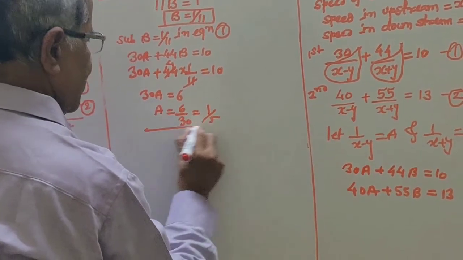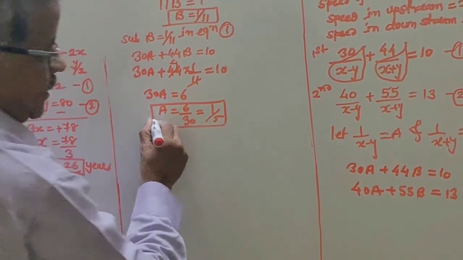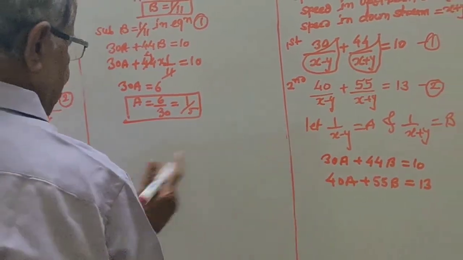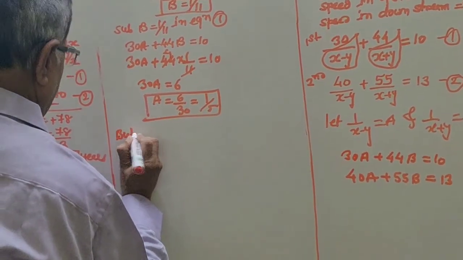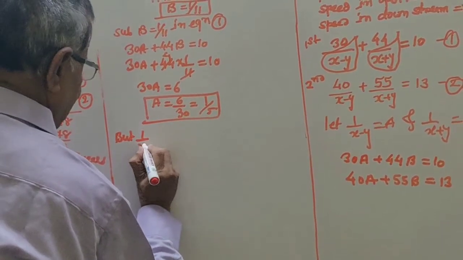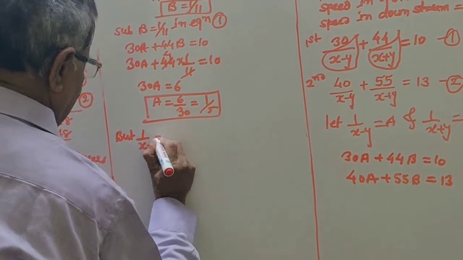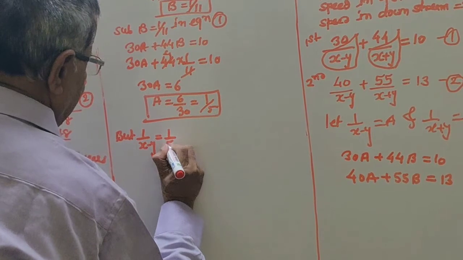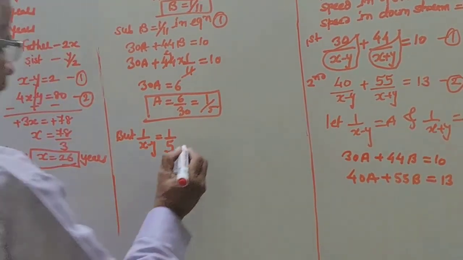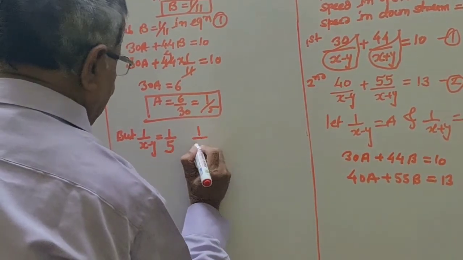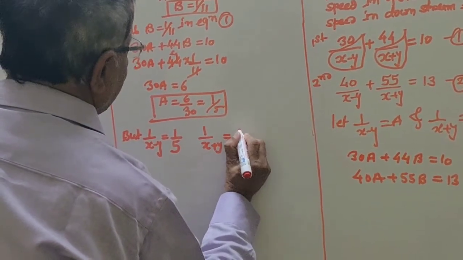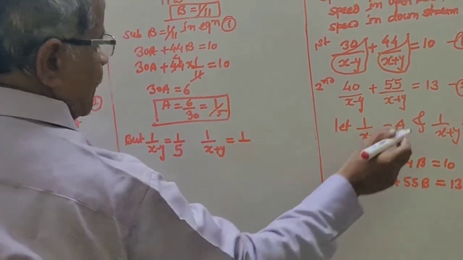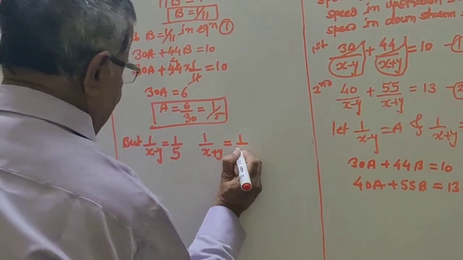Now I get the value of A and B. Now I will substitute in the earlier equation. 1 upon x minus y is equal to A. What is the value of A? Is 1 by 5, and 1 upon x plus y is equal to B. B means 1 by 11.